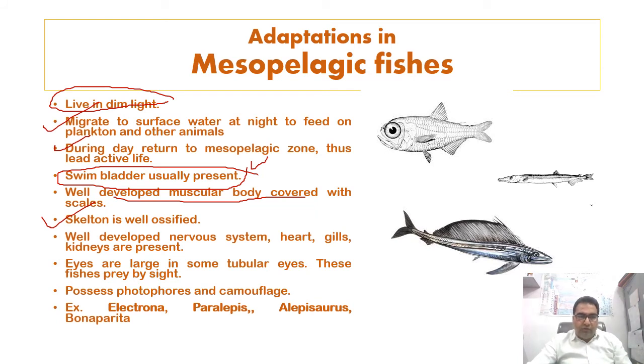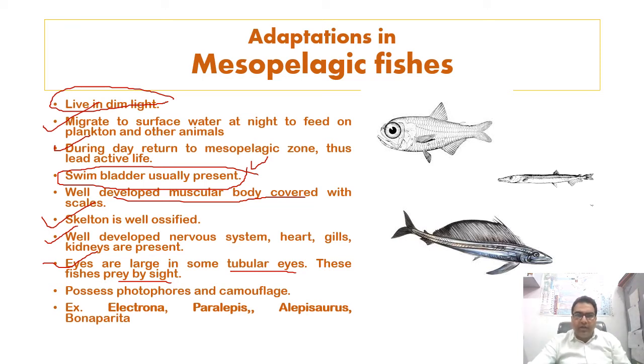They also have a well developed nervous system, heart, gills, and kidneys. Eyes are large in some, and in some they are tubular eyes, and they prey by sight. So it means that they prey on other fishes with the help of light, with the help of the eyes.